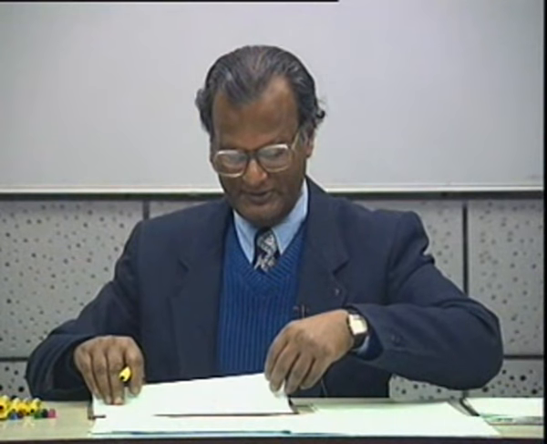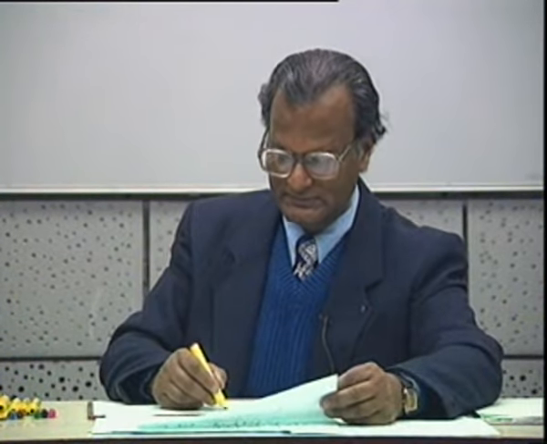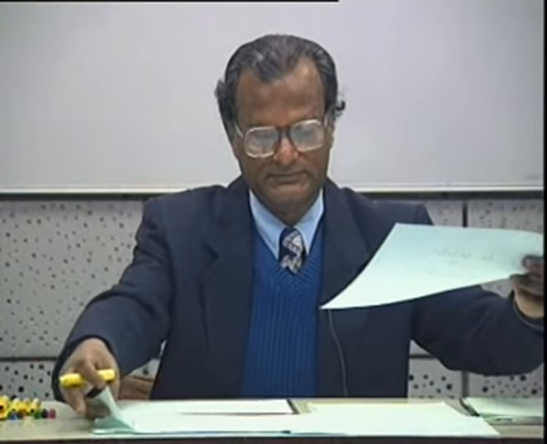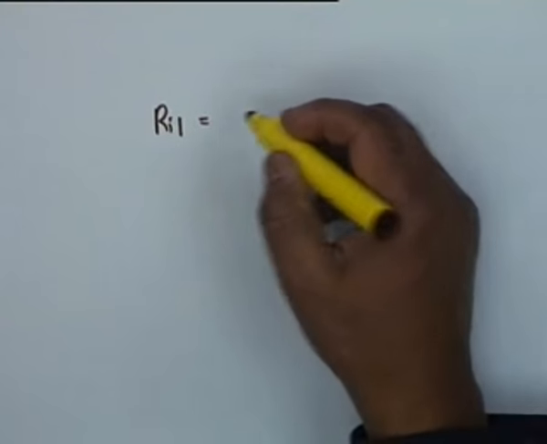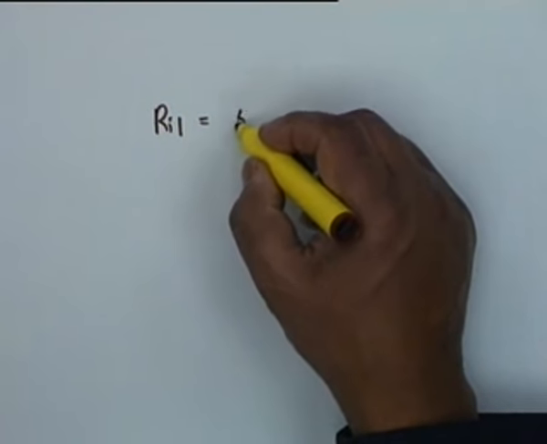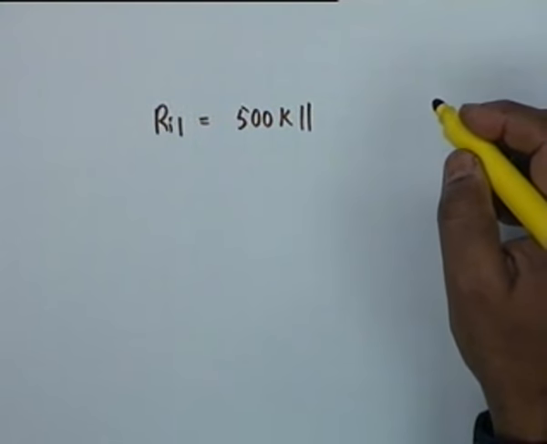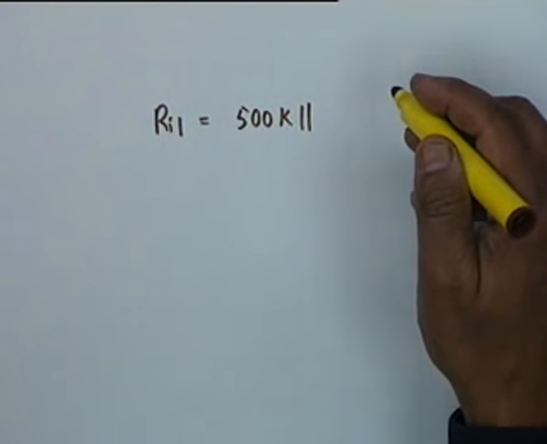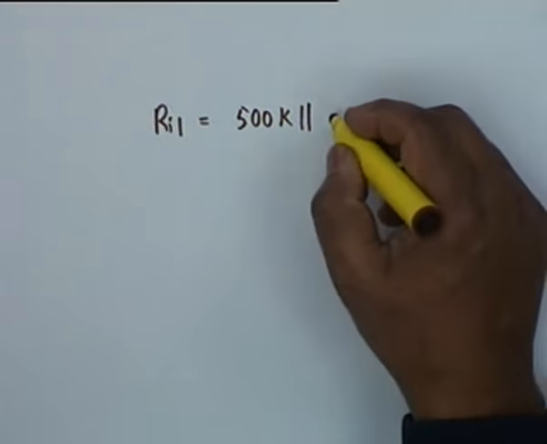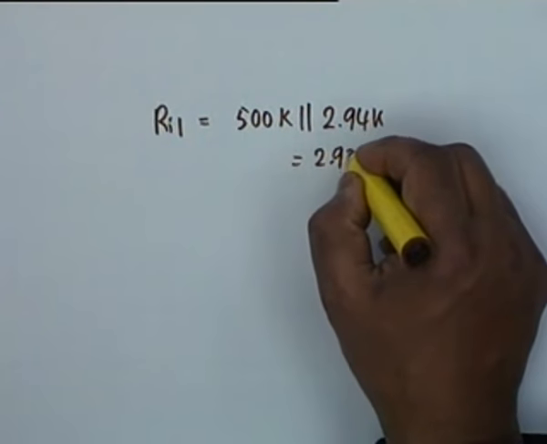Then to calculate the current gain, we require Ri1. Ri1 would be equal to RB1, which is 500K, in parallel with R pi 1, that's all. What is R pi 1? 2.94K, and that becomes 2.92K.